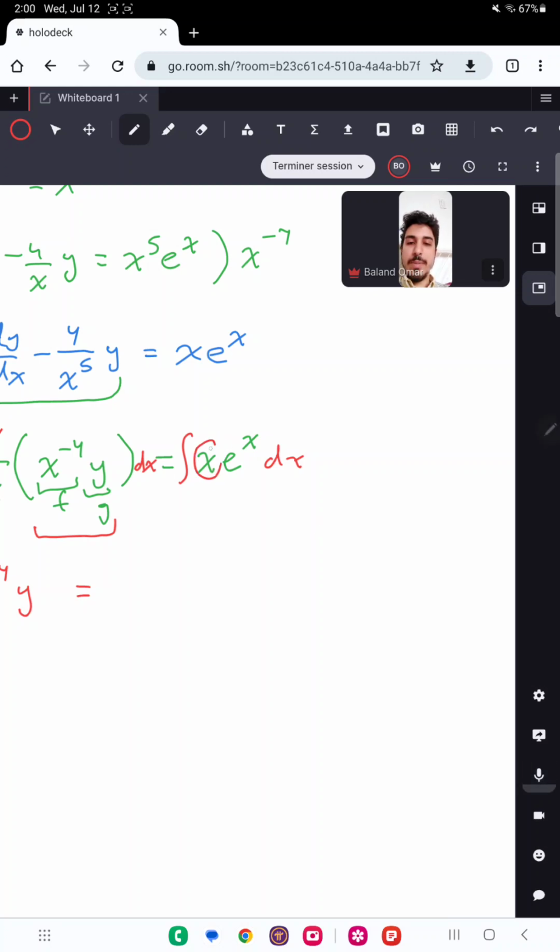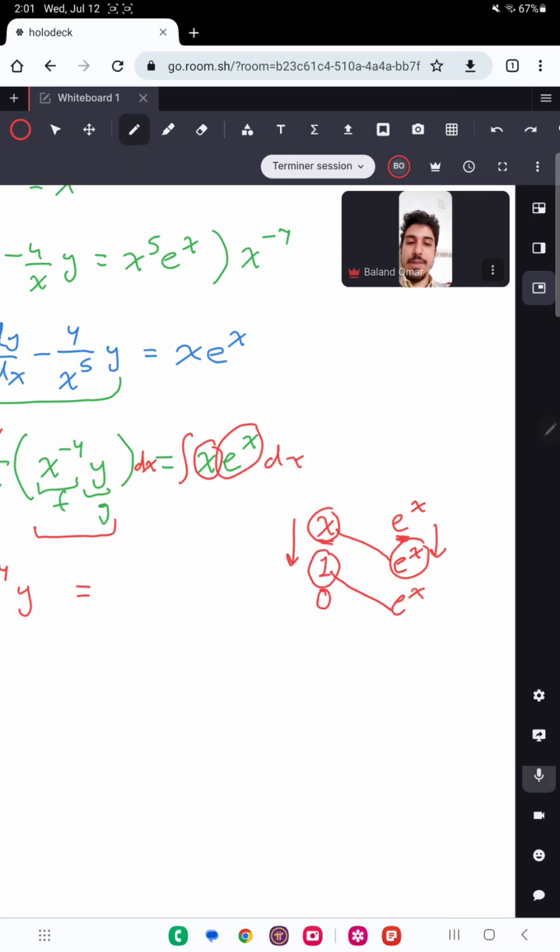I put the term x here, I put the term e to the x over here, and I go down. And as I go down, this term, I differentiate. So what's the differentiation of x? 1. What's the differentiation of 1? 0. And when I go down here, I integrate this, so e to the x, e to the x. Now I create an arrow. That's where I'm going to multiply this term by this term, and I create an arrow like this.